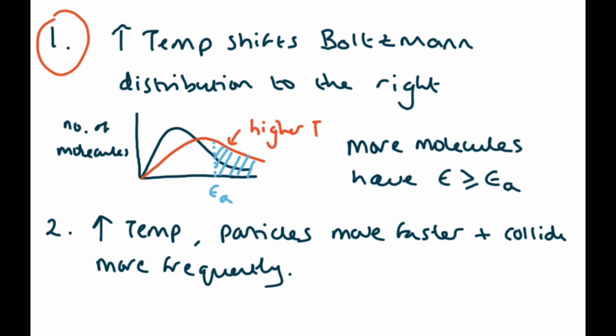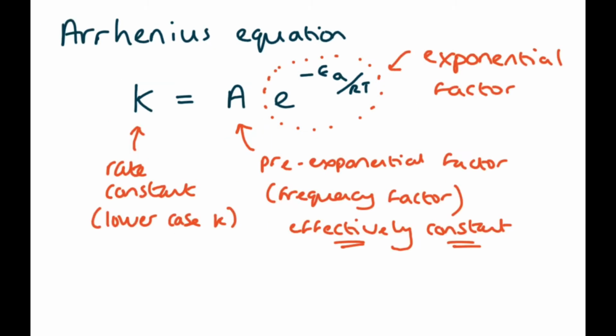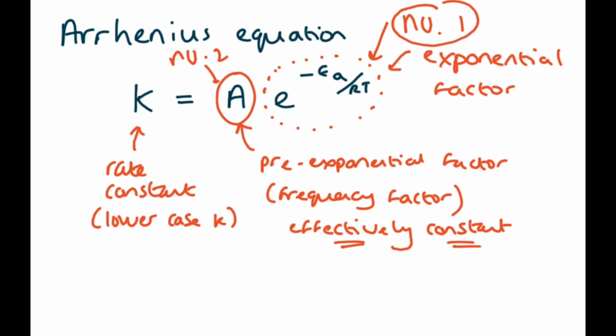This part of the Arrhenius equation is due to factor number one, that more molecules have energy greater than the activation energy, and this part here is due to number two, the frequency of collisions, that they're going to collide more frequently. Number one has the larger effect on the rate.